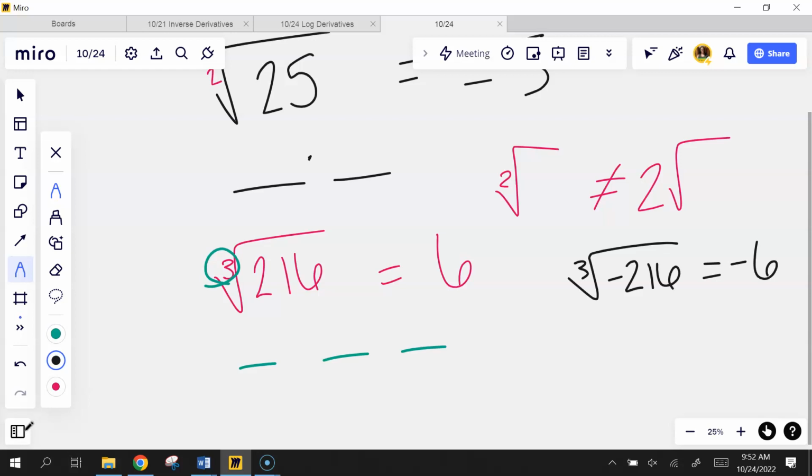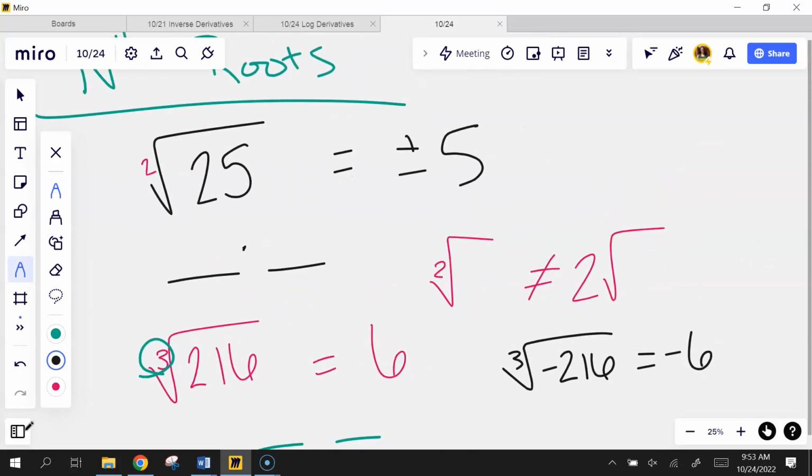Good job, Dozier. He just explained i to you. An odd number of times, if I do a negative times a negative times a negative, I get a negative. It's different if it was the square root of negative 25.